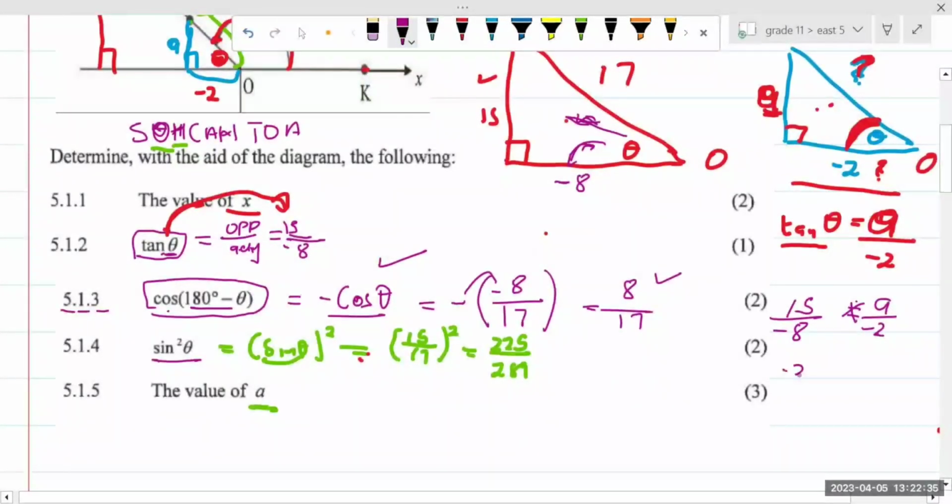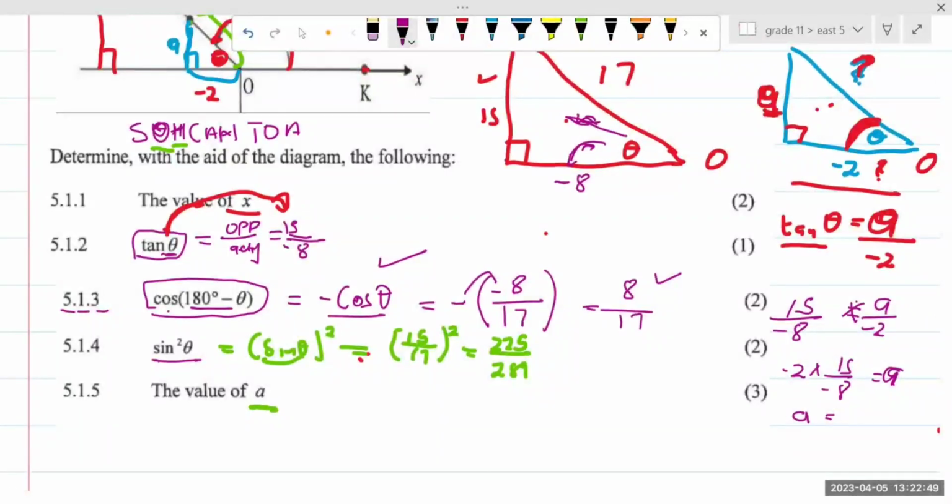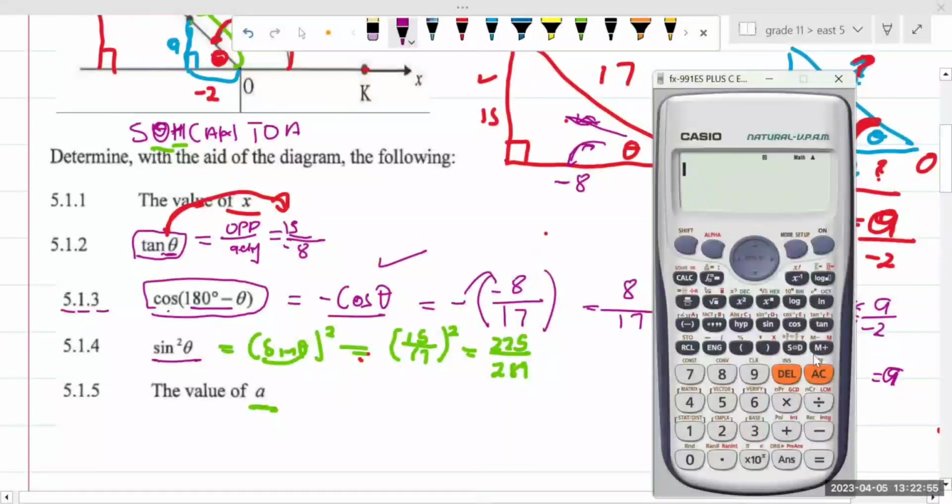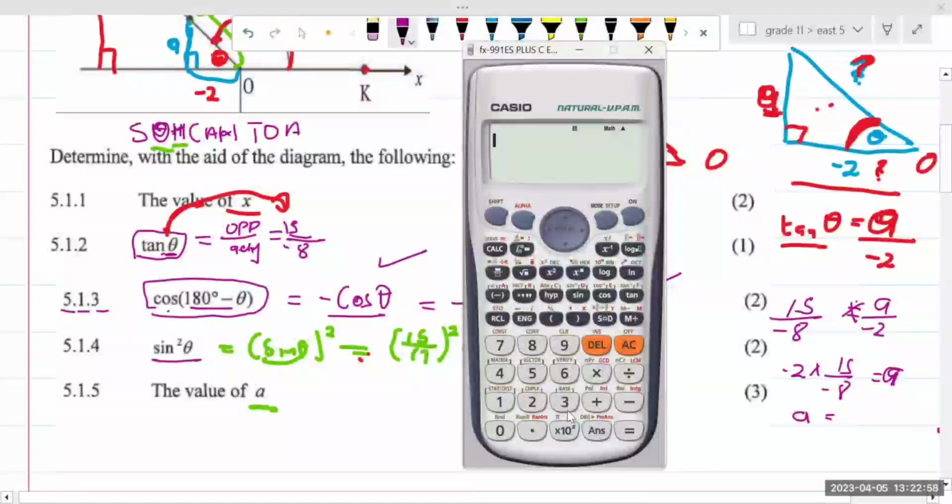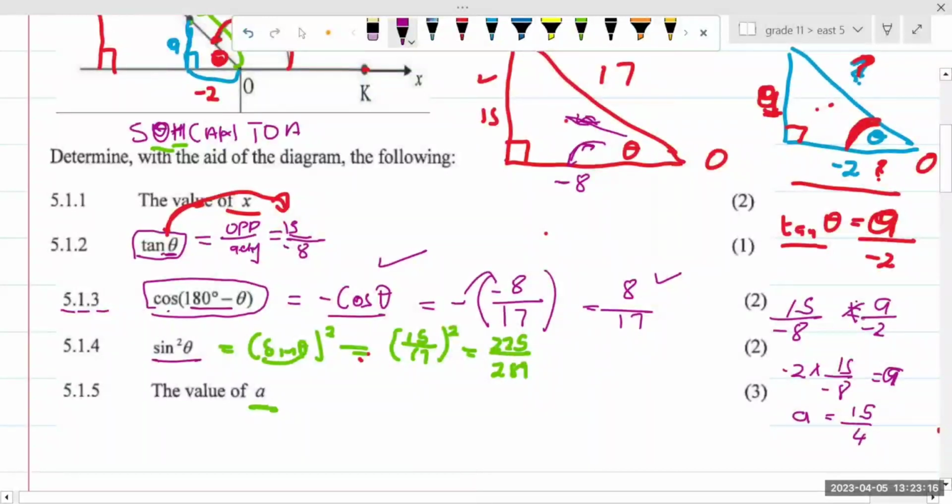It says that I'm going to have minus 2 multiplied by 15 all over minus 8, which is going to be given by A. If you type this in your calculator, what do you get? 15 all over 4. So we get 15 all over 4. So this is going to be our A.